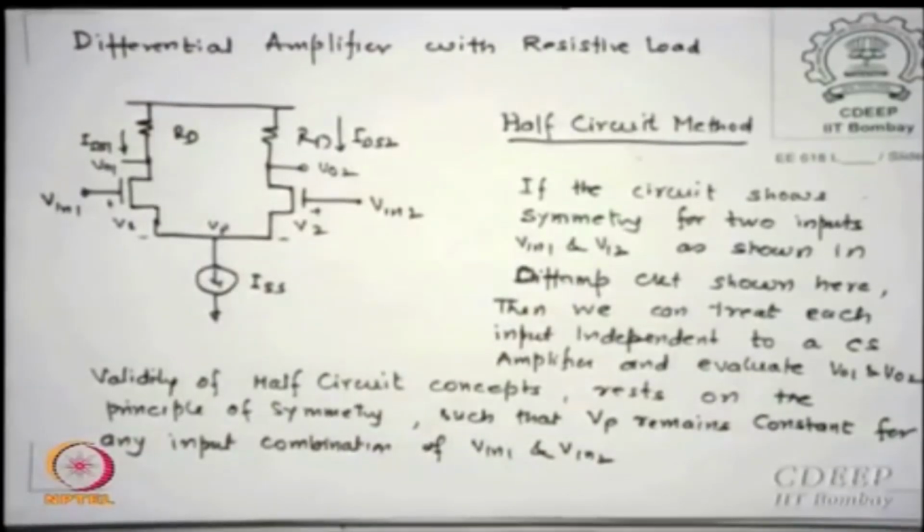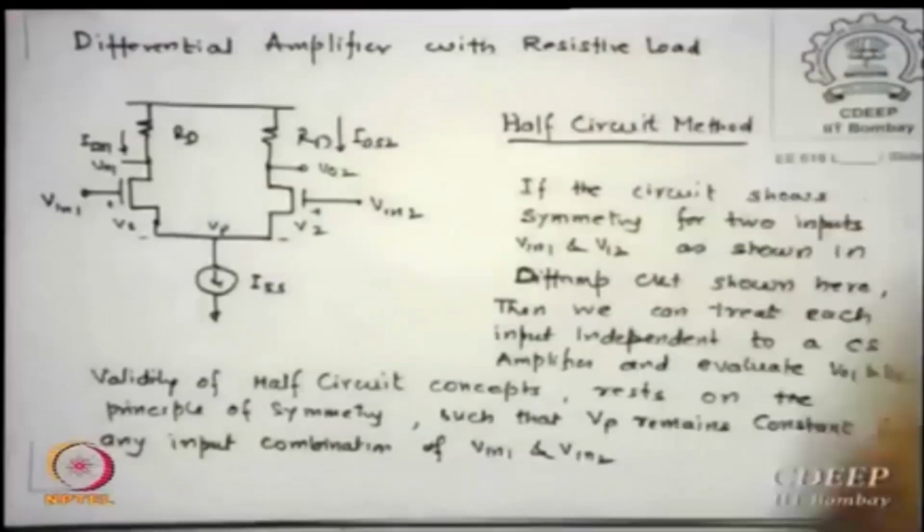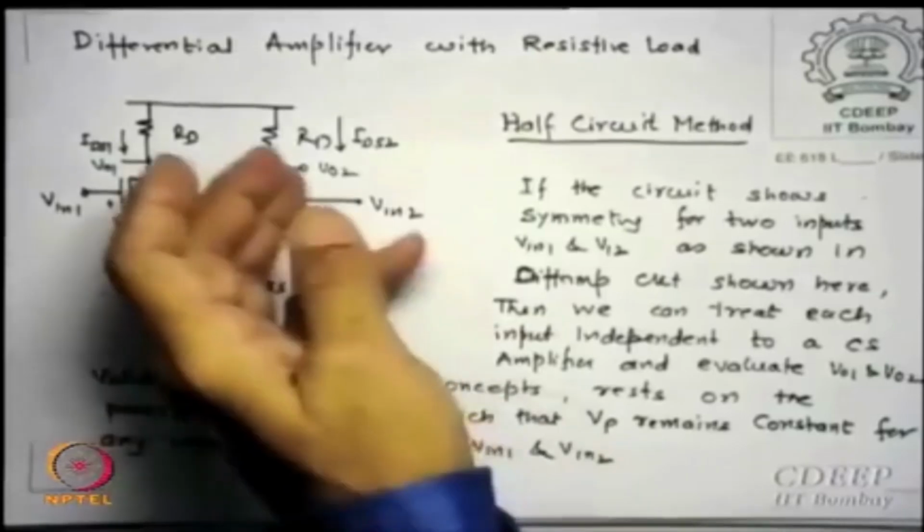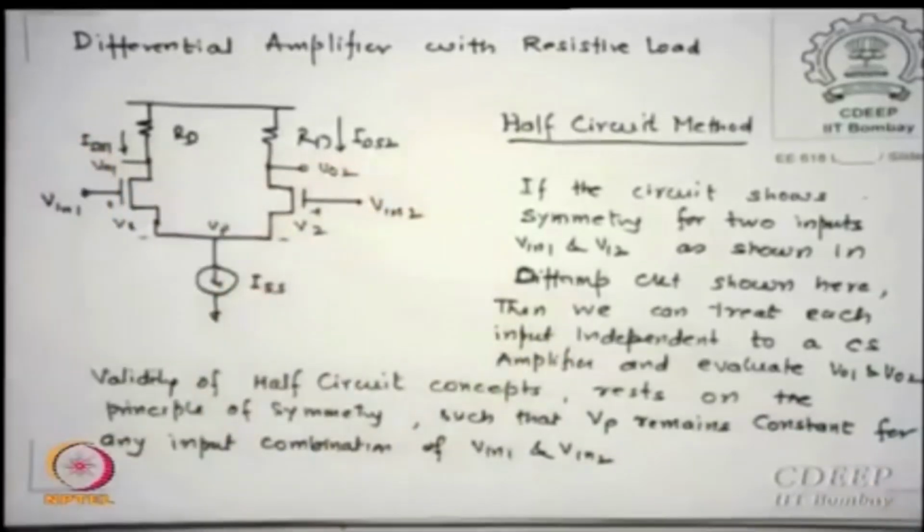If we can treat them independently, then it becomes a single stage amplifier, and then we can see the net effect together, figure out what the voltage is here and here, and then subtract. The ratio of VO1 minus VO2 by V1 minus V2 can always be found. So this is the technique which is called half circuit method.